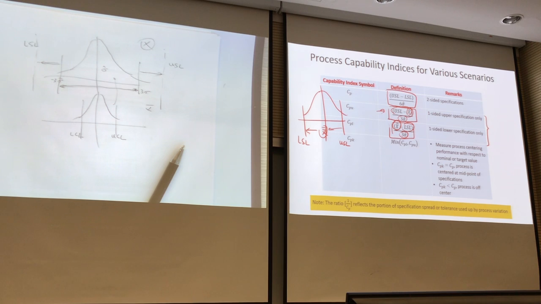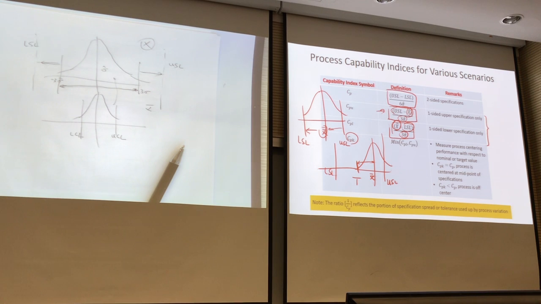And they further define a CPK value. Let's say that this is our upper spec, and then our lower spec, like that. And this is your target, but this is your mean. So we can have this type of scenario, because the process mean moves away from the target value.